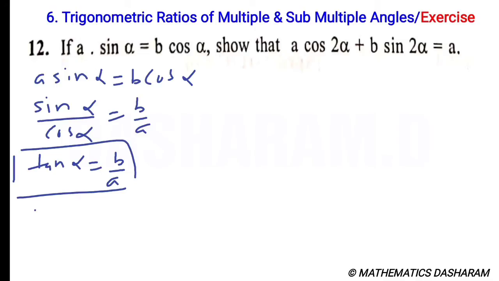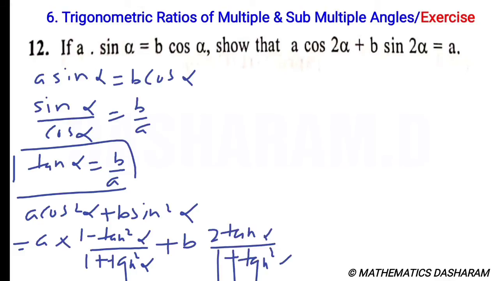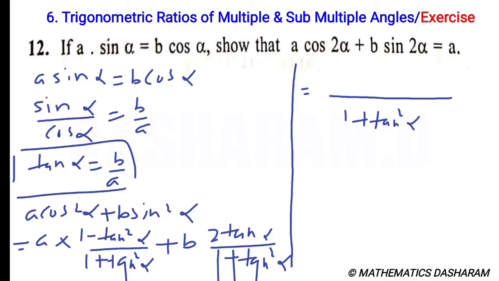So first LHS, what is that? a cos 2 alpha plus b sin 2 alpha. So it is equal to a into cos 2 alpha, 1 minus tan square alpha by 1 plus tan square alpha, plus b into sin 2 alpha formula, 2 tan alpha divided by 1 plus tan square alpha. So now take the LCM here. So what is LCM? 1 plus tan square alpha is the LCM.